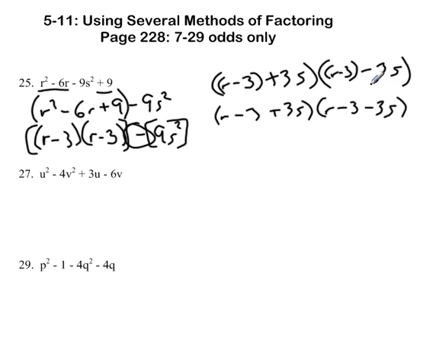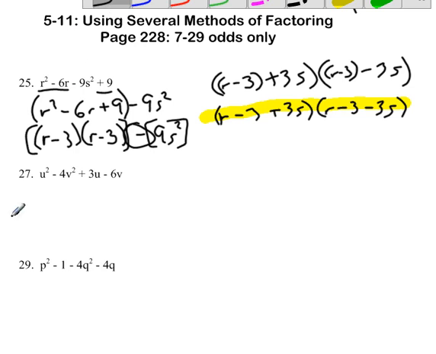If there's anything that could be simplified in there or combined in the way of like terms, you would go ahead and do that, but there's not in this case, so you're done at this stage. So here is your factored answer.